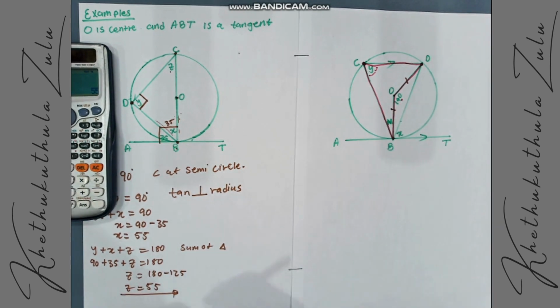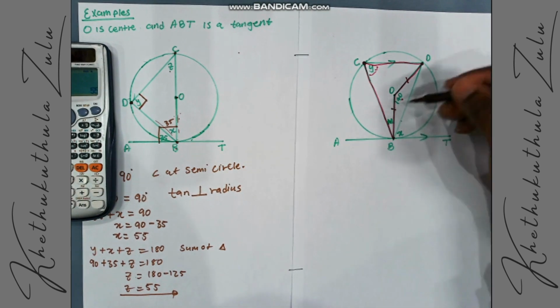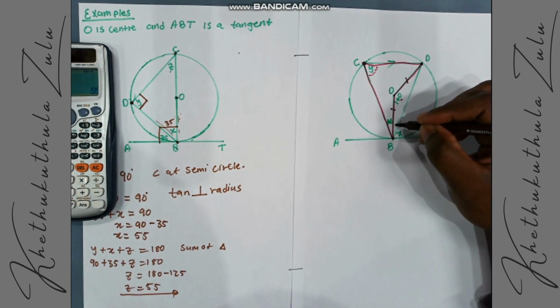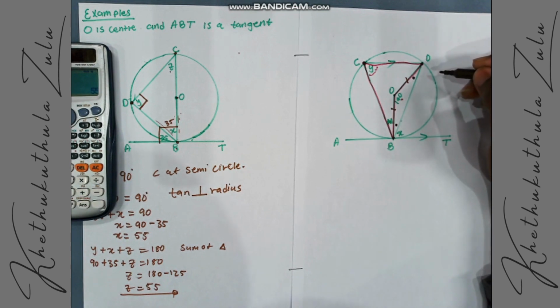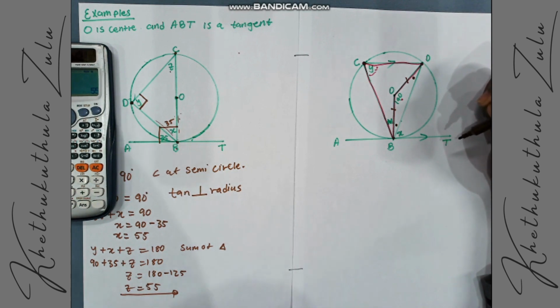And also again from here, if this one is equal to this one, meaning this one is equal to this one, which is just an isosceles triangle. I hope you see that one. Very important. We're just analyzing our diagram.